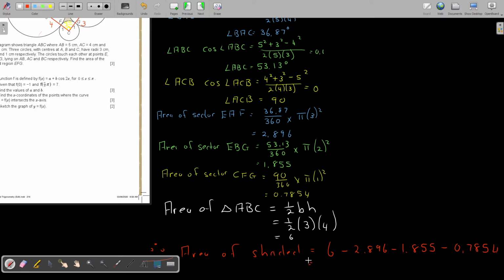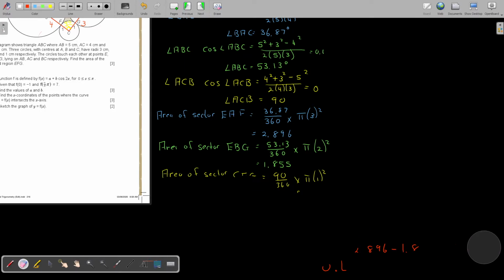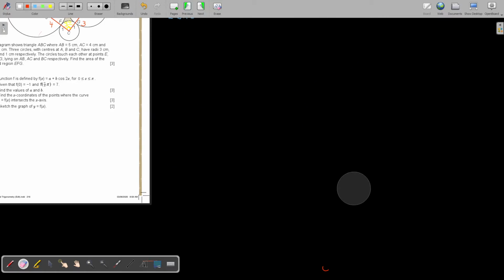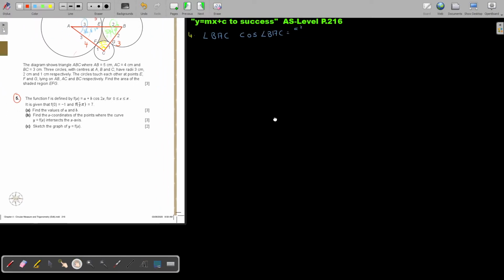And if I do that, I approximate to 3 significant figures, and that's 0.464. And that's centimeters squared. And that's a very easy, I would even say it's an ordinary level sum. Okay, you can even do it with that knowledge. Okay, and that was number 4, and now I'm going to do the final one.